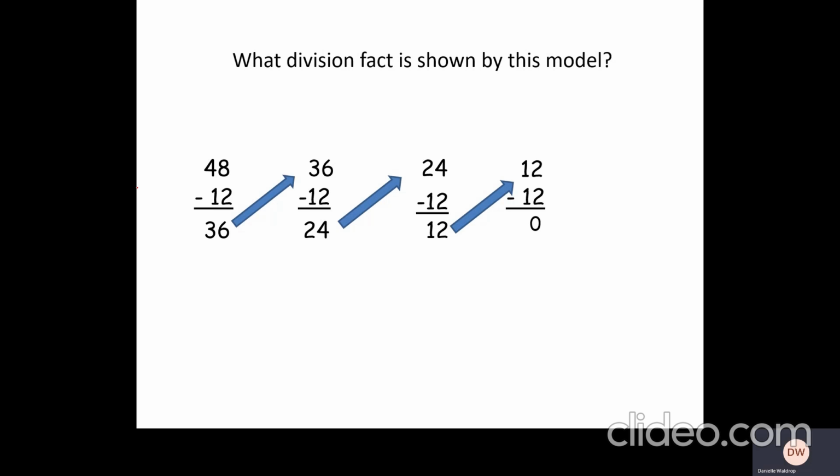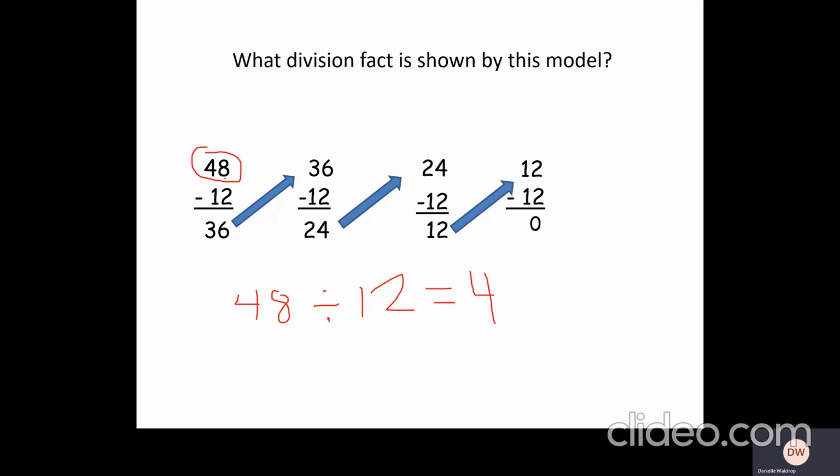All right, I hope you took a second to see, or at least to discuss or think out loud, what division fact was shown by this model. If you got 48 divided by 12 equals 4, then you are correct. We started with 48. We were taking away 12 each time.